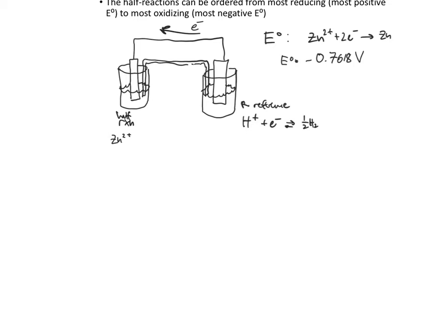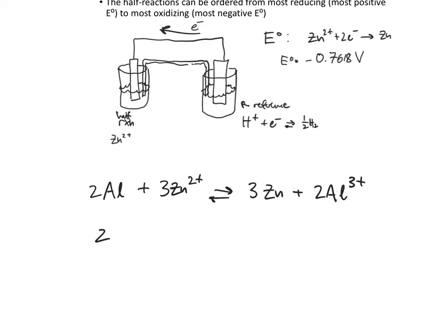If we have a more complete reaction, like for instance this one, aluminum reacting with a zinc solution, and then that's going to reduce the zinc. I need to balance this reaction here. If we have this reaction, this is going to be composed of two separate reactions.